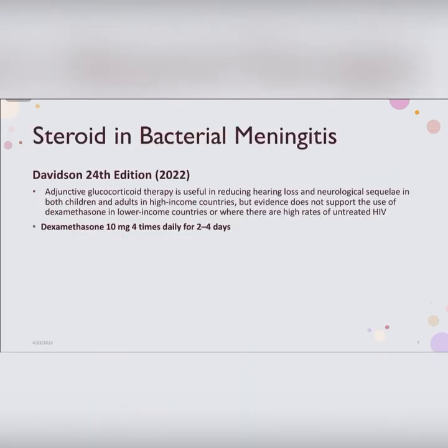Now, I'm going to talk about steroid dose in bacterial meningitis. Sanford Guide, edition 2022, says adjunctive glucocorticoid therapy is used for reducing hearing loss and neurological sequelae in both children and adults in high-income countries, but evidence does not support the use of dexamethasone in lower-income countries or where there are high rates of untreated HIV.